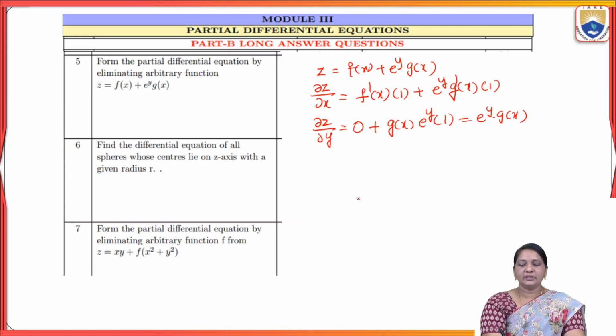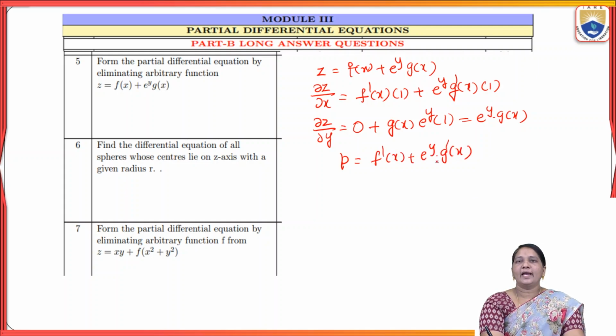So now here we are going to replace z equal to f dash of x plus, so here p equal to dou z by dou x is p, so f dash of x plus e power y into g dash of x, and here q equal to g of x into e power y.